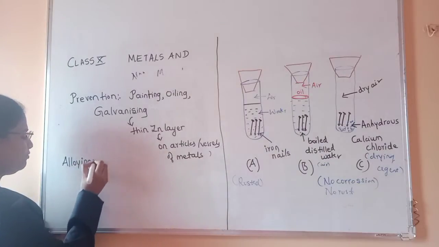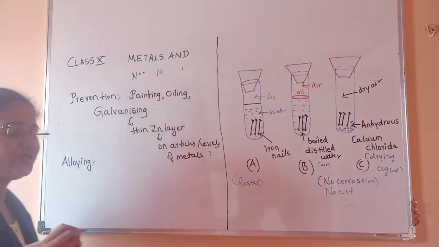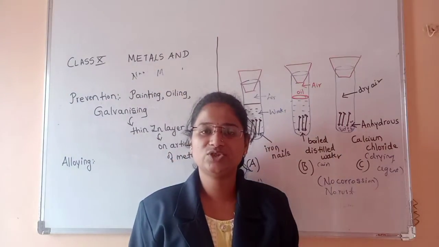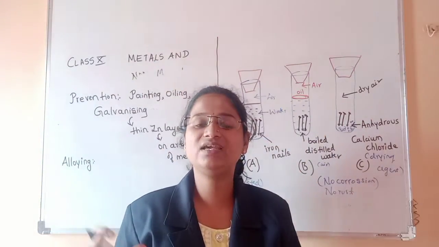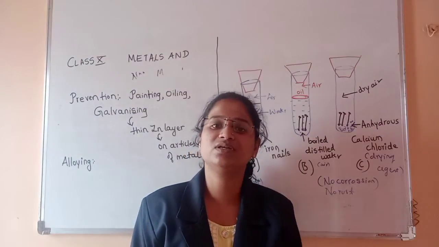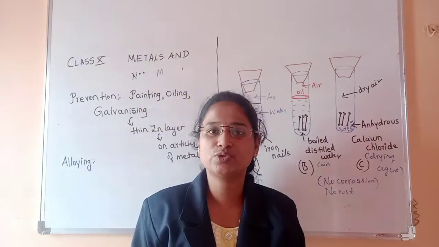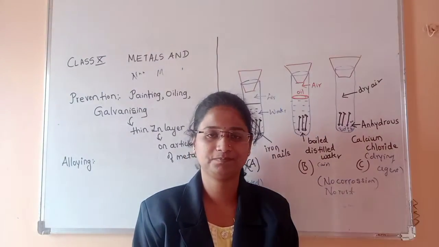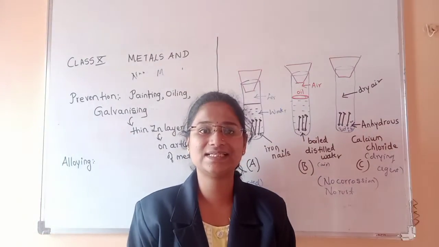Alloying. Okay, what is this actually? As you know, when you observe in the kitchen, every vessel which mother will use to cook is usually made up of stainless steel, right? What is stainless steel?